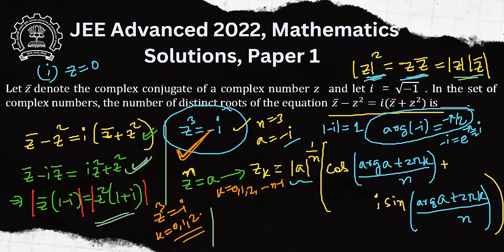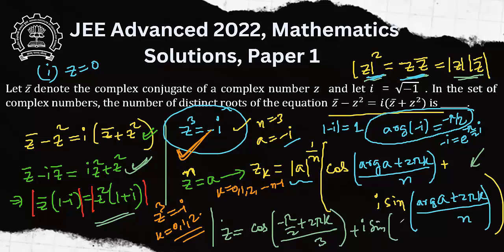So the solutions will be Z is equal to mod of A, which is 1 here, times cos of (negative pi by 2 plus 2 pi k) upon 3 plus I sine of (negative pi by 2 plus 2 pi k) whole upon 3.